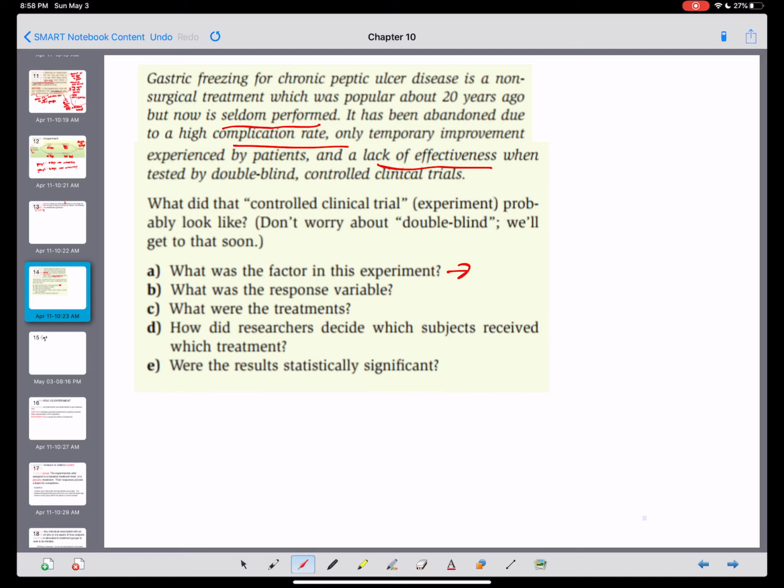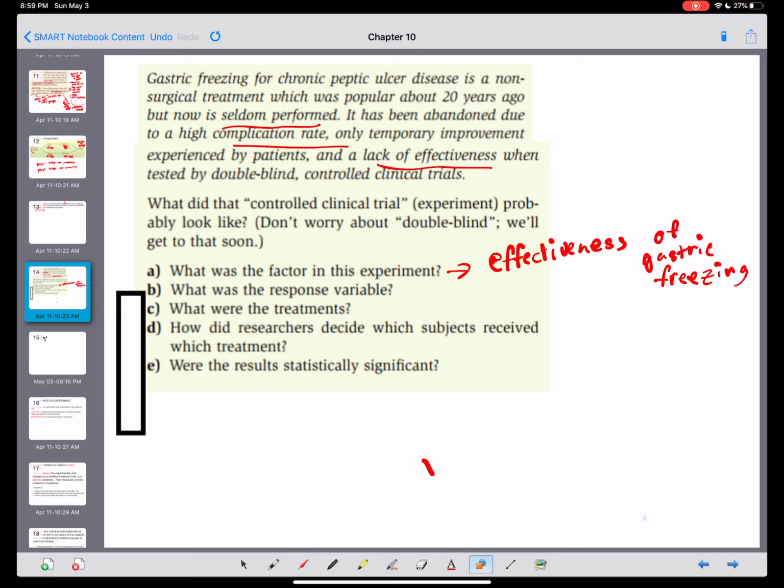What was the factor? What are we testing? We're testing the effectiveness of gastric freezing. That's what I'm testing, right? I'm testing that process. What is the response variable?